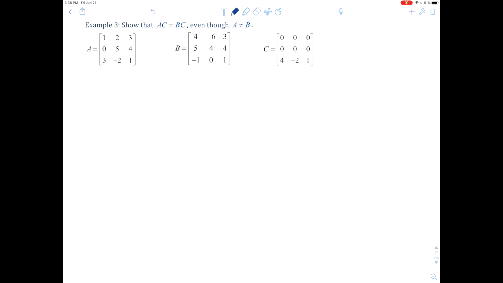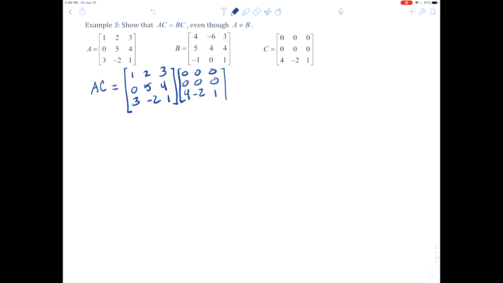Here we go. A times C is going to be equal to, so A is 1, 2, 3, 0, 5, 4, and 3, negative 2, 1. And then C is equal to 0, 0, 0, 0, 0, 0, 4, negative 2, 1.